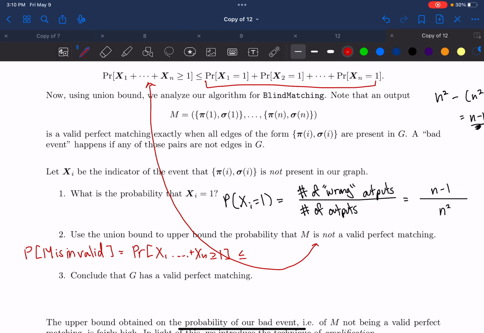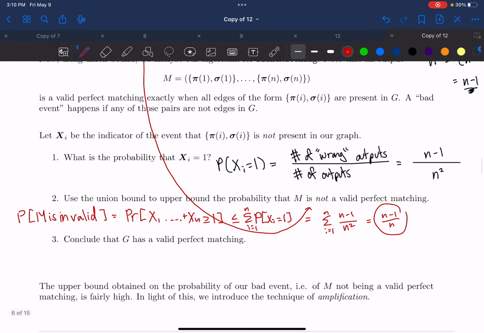And this is going to be less than or equal to, by our union bound, the sum of all the probabilities of xi equal to 1 from i equal to 1 to n. We just computed from part 1 that this probability is going to be n minus 1 over n squared, so that's going to be the sum from i equals 1 to n of n minus 1 over n squared, which is equal to n minus 1 over n. Just like that.